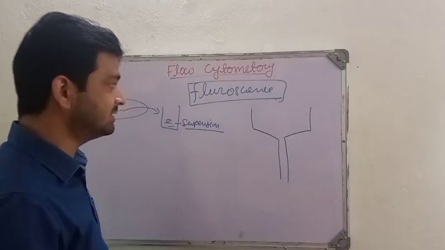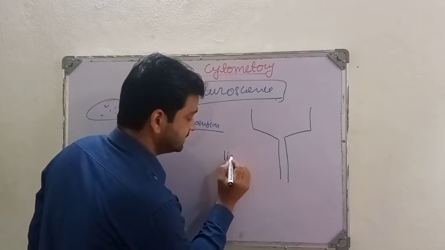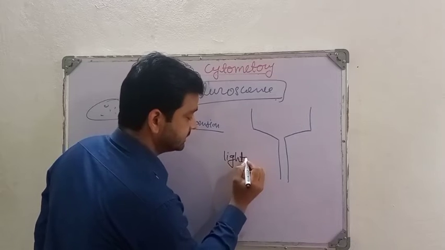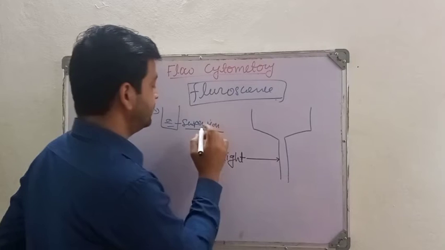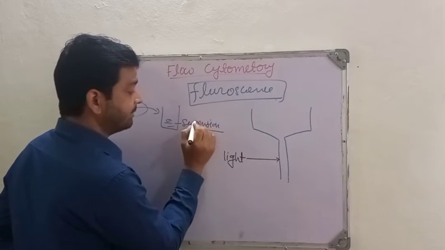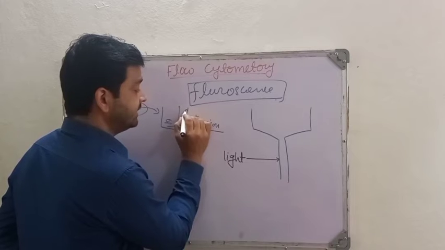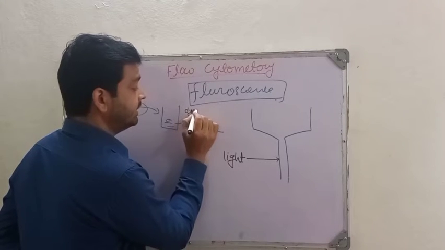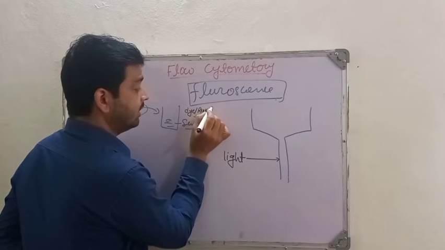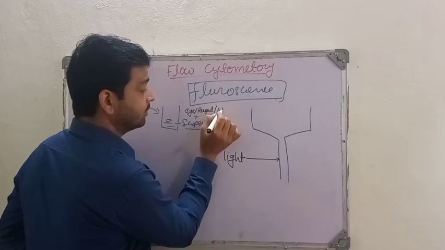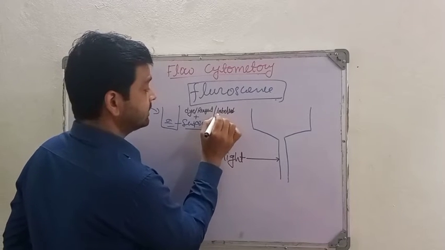Whenever we load the sample, at the same time we pass light. When making the sample, we add a dye or any reagent or labeled compound.